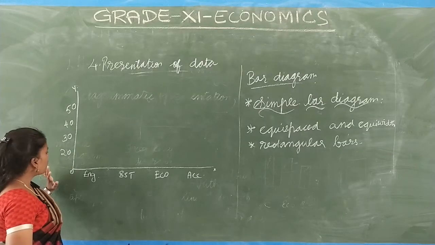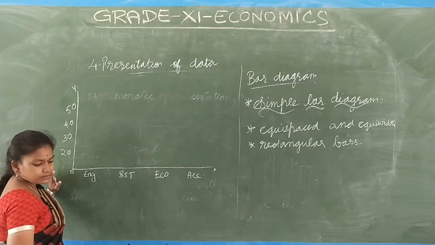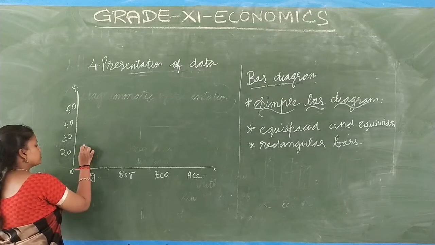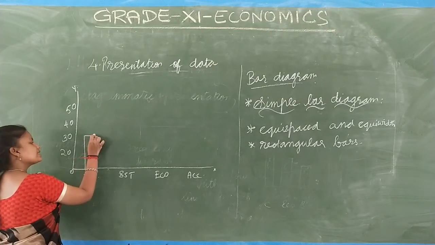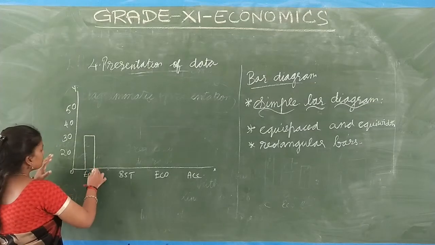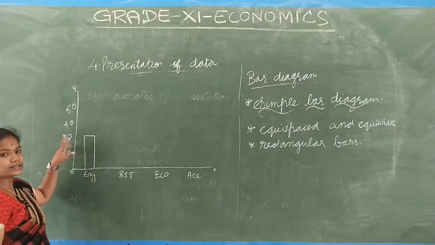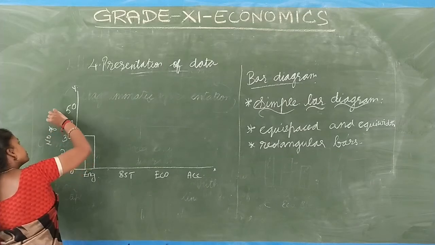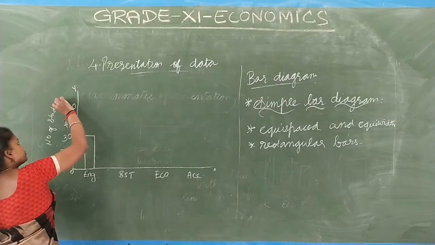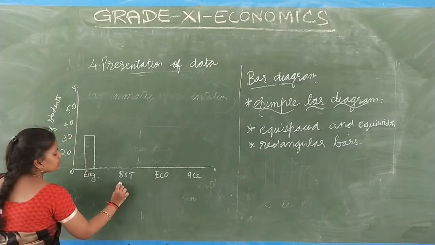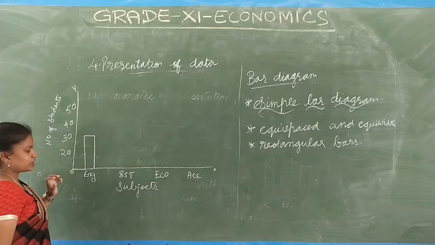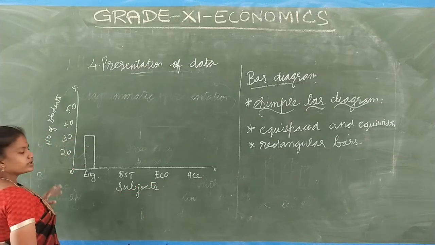So when you talk about English, how many students have attended the test? 30 students have attended the test. This is the number of students, and this is subjects. 30 students have attended.